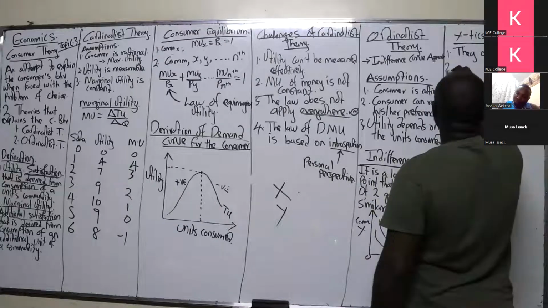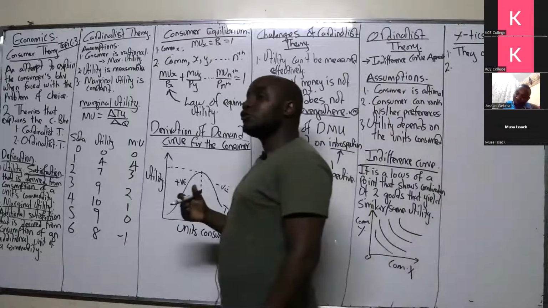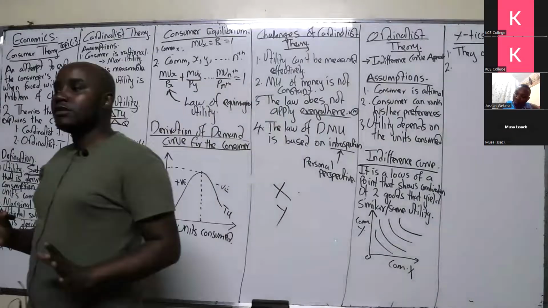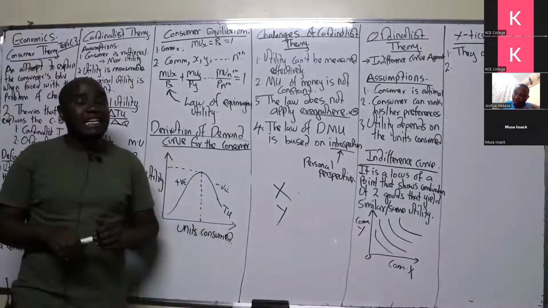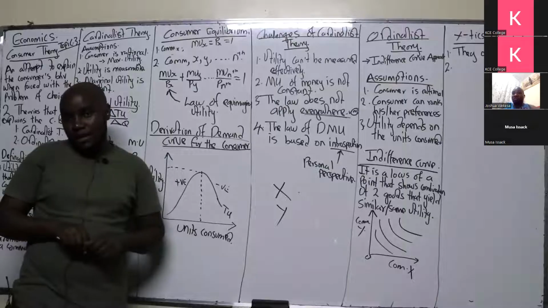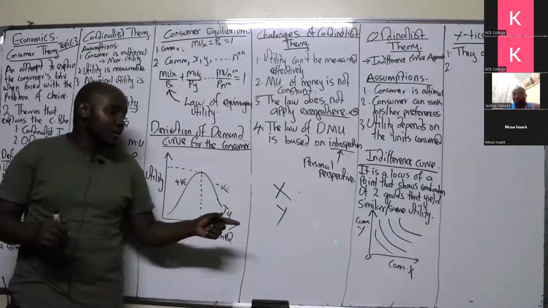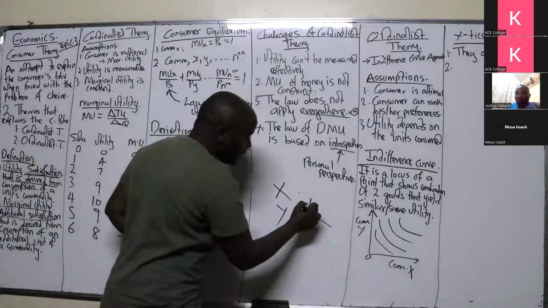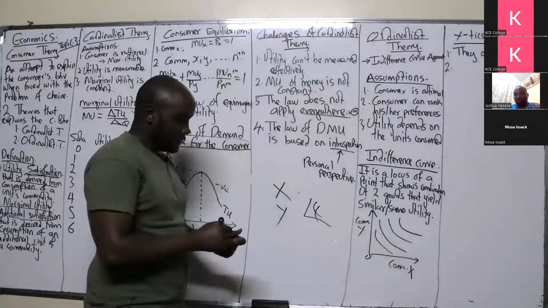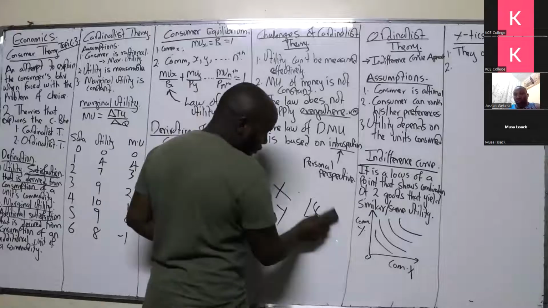So when you are drawing the indifference curve, kindly don't make them intersect one another. Are you together? If there is a situation whereby you are drawing and you intersect like that, that's not an indifference curve, and you shall have zero.